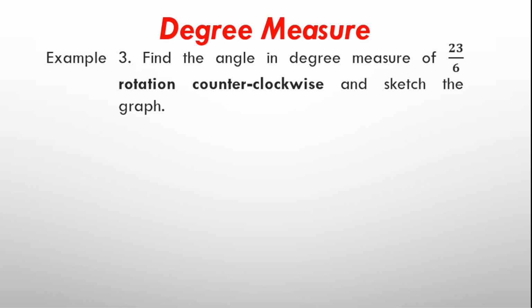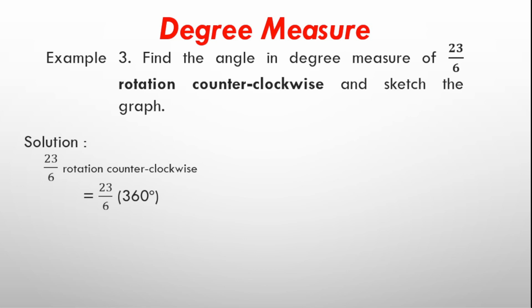Example number 3. Find the angle in degree measure of 23/6 rotation counterclockwise and sketch the graph. First, we are going to get 23/6 rotation counterclockwise. Take note that one full rotation counterclockwise is positive 360 degrees, and this positive 360 degrees must be multiplied to the fraction 23/6.